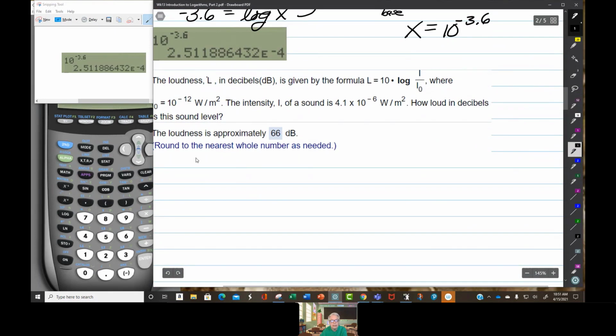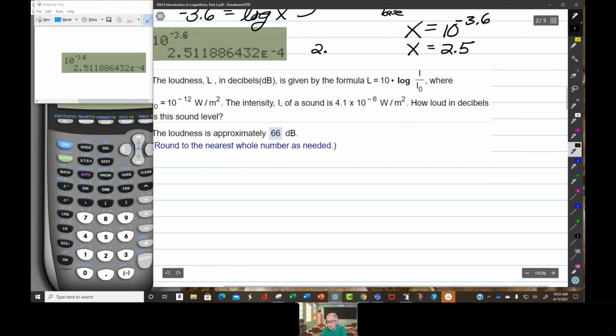Right here, ignore this. 10 to the negative 3.6 equals 2.5, and then a really long decimal. But if we're supposed to round to 1 decimal place, this is going to be 2.5. Well, I ought to say x equals 2.5.